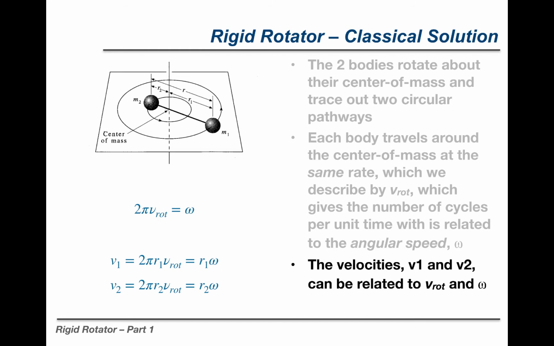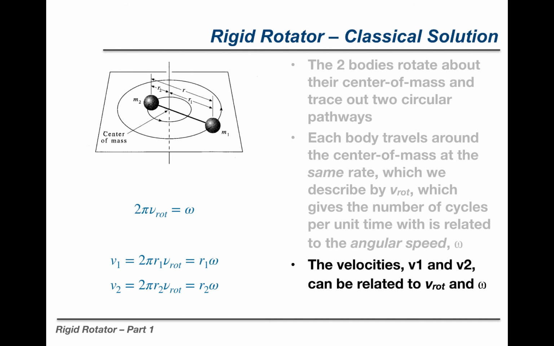Now, I just want to emphasize, these three terms, omega, nu rot, and the v1, v2 terms, can really get people tripped up. So take a little time and think about how they differ from one another and how they relate to one another. Again, nu rot just tells me a rate or a frequency of rotation, total rotation. How long does it take me to go all the way around? And we describe that in number of rotations per unit time.